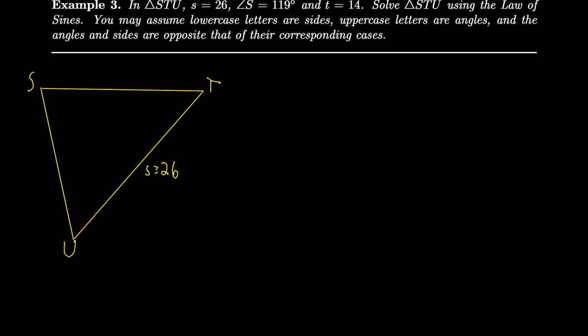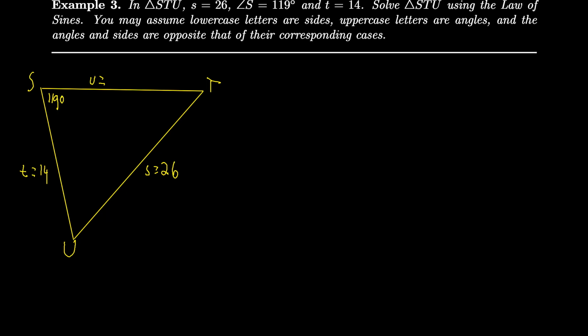Angle S was 119 degrees. And little t, which must be right here, opposite big T, must be 14. Which makes this little u. We don't know what that is. And then, of course, this is angle T, and this is angle U. So we want to solve for everything else, and that's the whole problem.